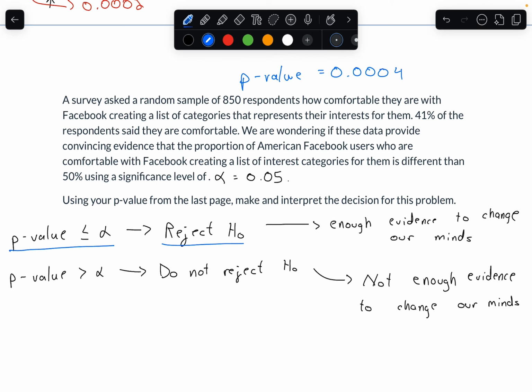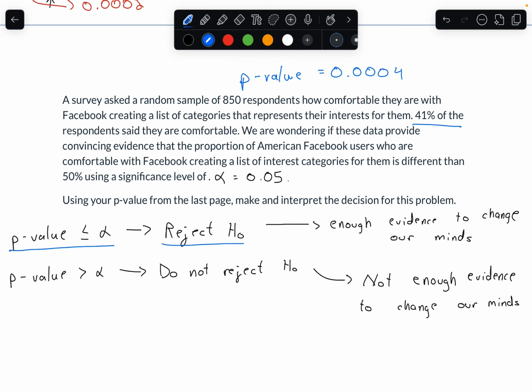And if that probability is extremely low, then what we might say is, well, perhaps we can't argue with the fact that we were not going to get a sample like this, because we have that. In this case, it was the 41% of respondents who said they were comfortable. You can't say that that didn't happen because it already did. So one of two things has to be true.